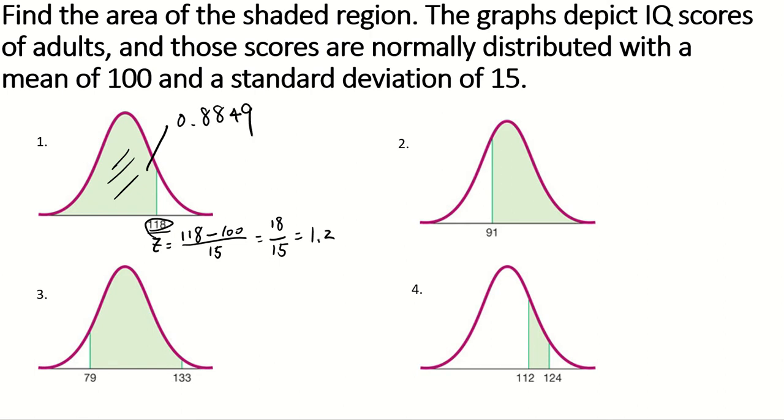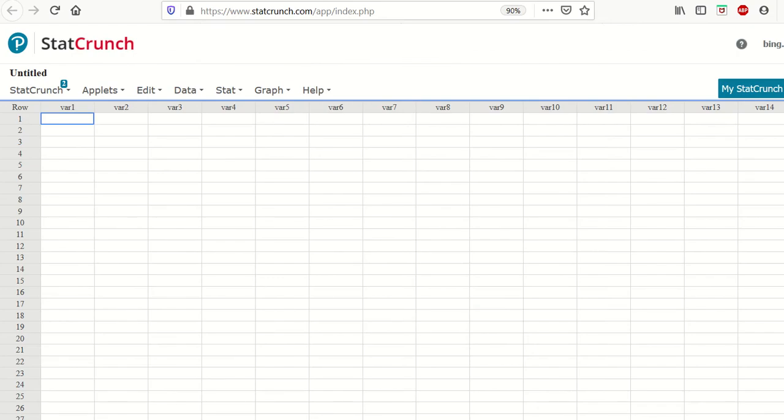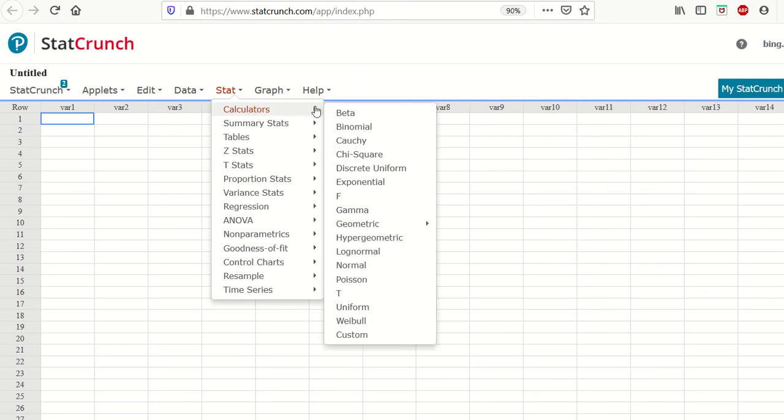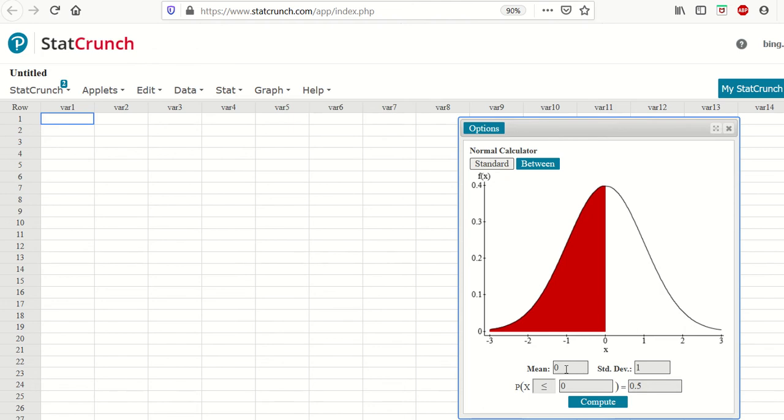So here you can say the shaded area here is 0.8849. Okay. Another way to do this problem is by using StatCrunch. You can go to StatCrunch and under Stat, find calculators, then normal, and find your mean.